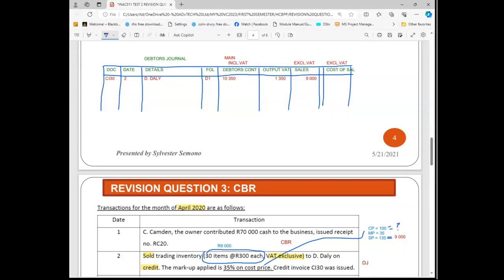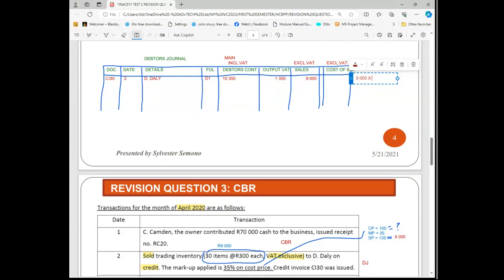Okay, so then what will the calculation look like? You're going to say 9,000 multiply by 35 over... no, wait. Yes, 9,000 times 35 over 100.